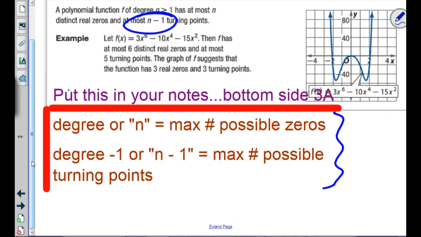Easiest final exam question ever. Give you a polynomial, say find the degree, tell me how many turning points it's going to have, how many possible zeros it's going to have. Easy peasy. Everybody got down what they want? Anybody waiting? Need me to wait?